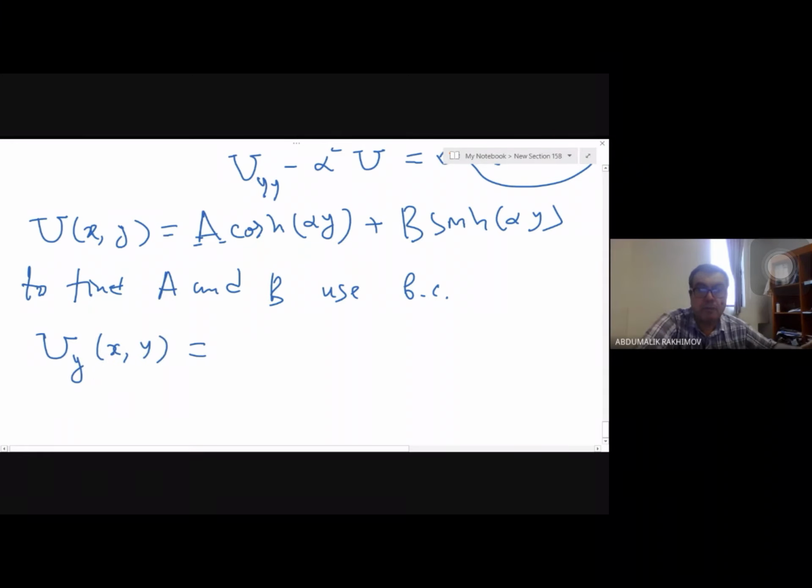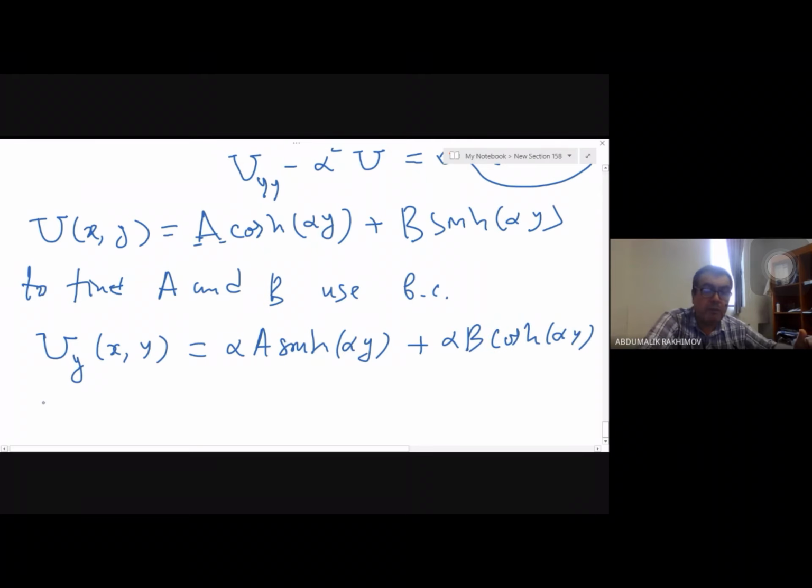What's the derivative of this? This is alpha A sine hyperbolic alpha y plus, derivative of sine is cosine, alpha B cosine hyperbolic alpha y.